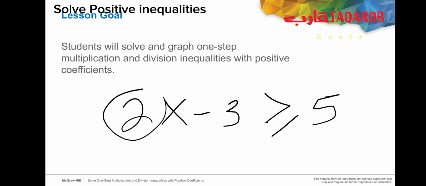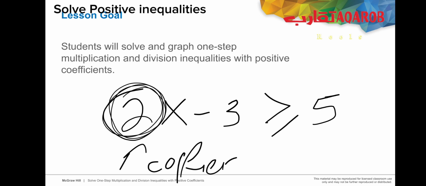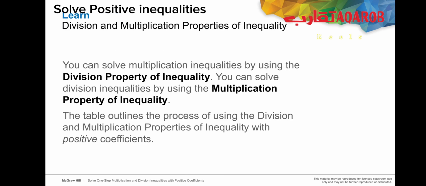Now, 2 here is the coefficient. It's the factor that is multiplying the variable. These coefficients could be positive and could be negative. We will learn today the difference between them.